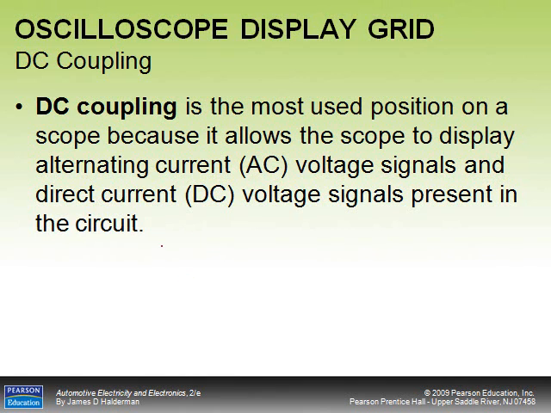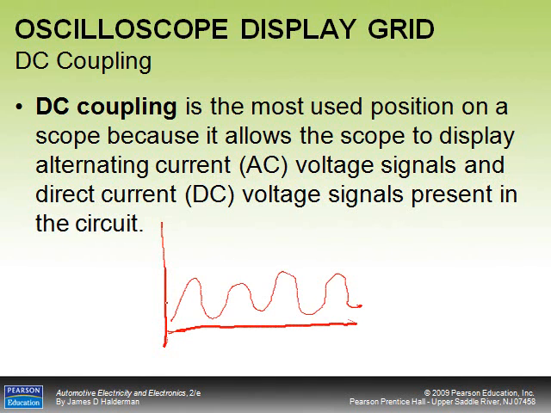So as I look at a DC coupled scope, what I may see on this timeline would be the AC portion of the circuit, which is a sine wave. That's why you see AC voltage represented like this, and the DC voltage as well. So you would see both, and that would be DC. The sine wave would be AC.